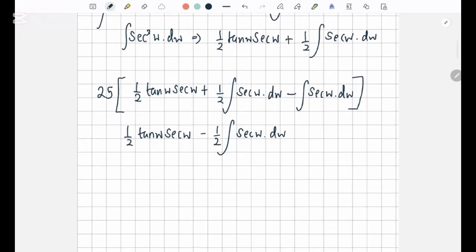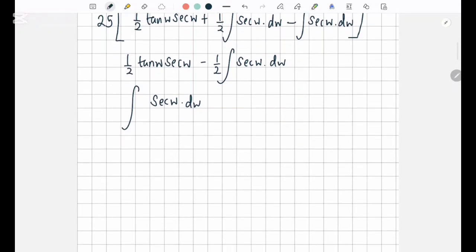Now let's focus on the integral of sec w. So how do you integrate sec w? Well, I've done this a couple of times, but I'll do it again because you guys don't have to scroll down finding the video. So you could write this as 1 over cos w, right?